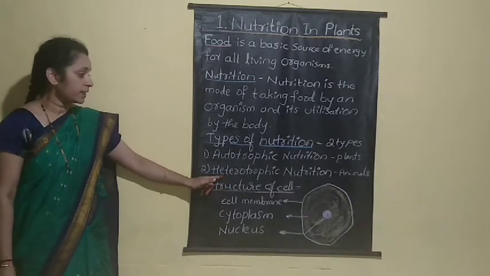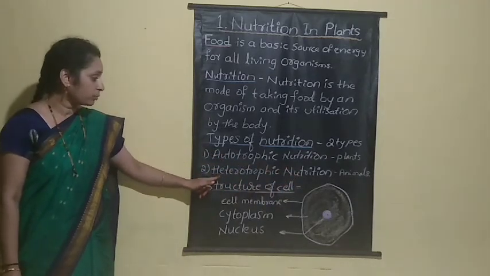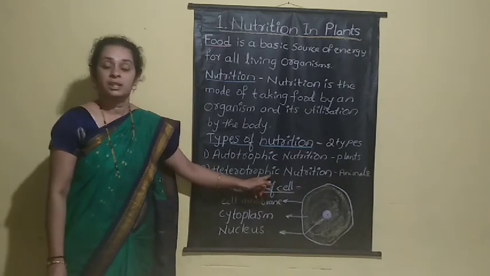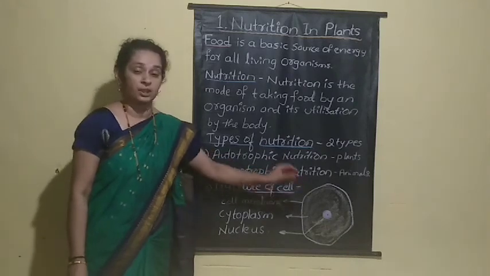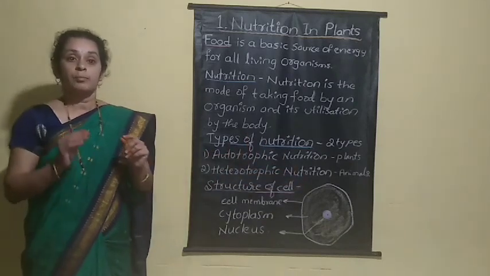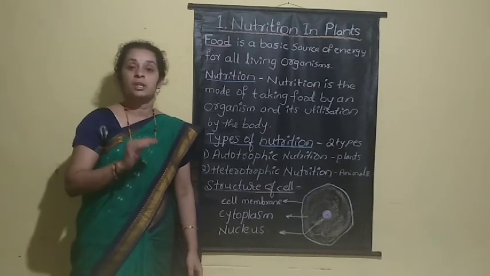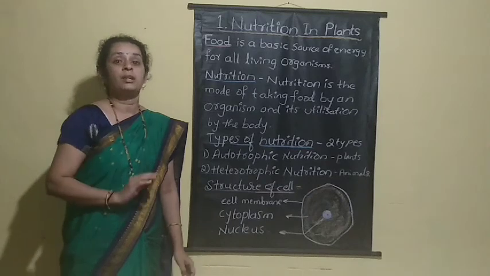Second one is heterotrophic nutrition. It is also derived from the words hetero, meaning other, and trophos, meaning nourishment. Heterotrophic nutrition is a type of nutrition in which organisms depend on other organisms to obtain food.